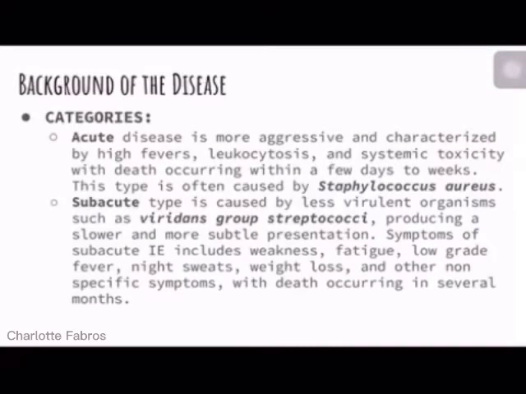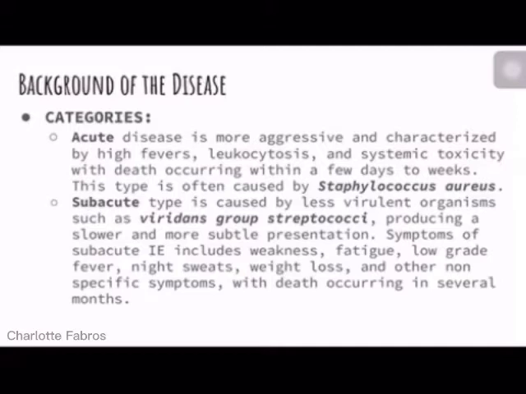So, infective endocarditis can be classified into two categories, acute and subacute. The acute disease is more aggressive and characterized by high fever, leukocytosis, and systemic toxicity, with death occurring within a few days to weeks. This type is often caused by Staphylococcus aureus.